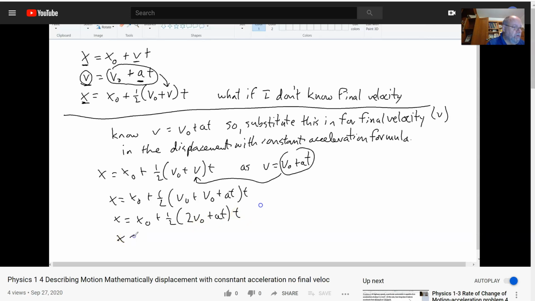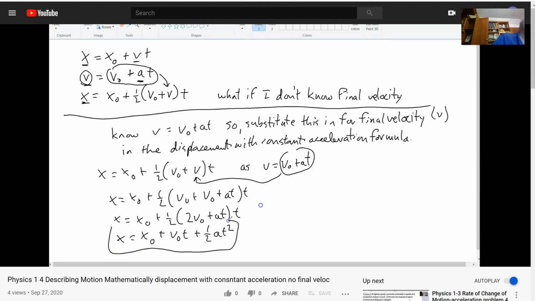So now I'm going to get x equals x0 plus V0 times time. Then if I multiply the 1/2 times at and multiply that times t, then I'm going to get 1/2 at squared. Okay, so 1/2 times at times t is going to give me 1/2 at squared.